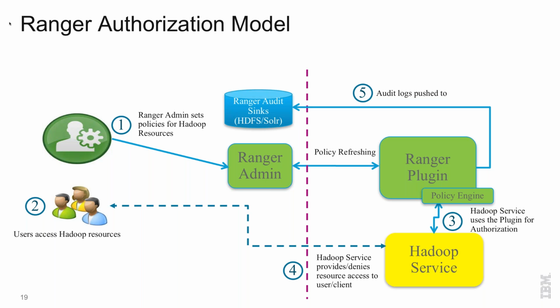When a user tries to access a Hadoop resource, the resource delegates authorization to the Ranger plugin. Every call coming in is intercepted and delegated to the Ranger plugin running inside the process, and it will either deny or allow you to access the resource.